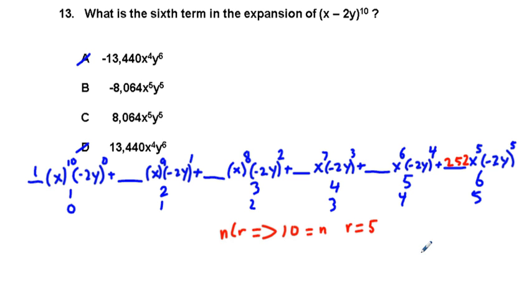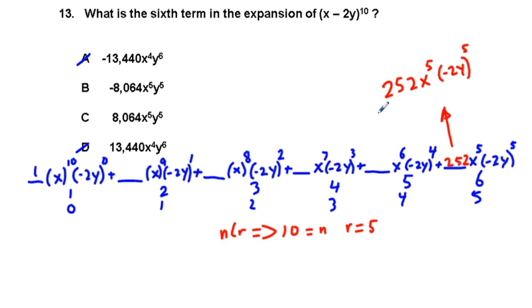So what we're going to have is 252 x to the 5th times negative 2y to the 5th.